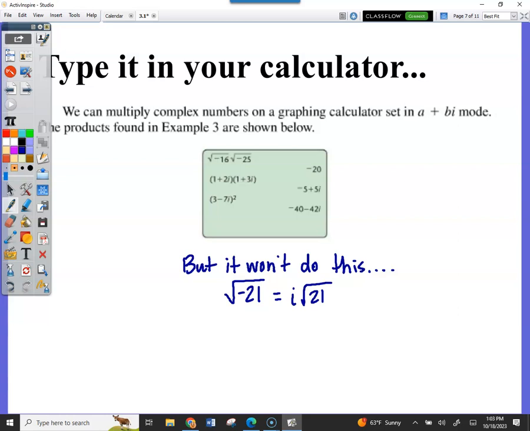Now, why will it not do that if it will compute complex number operations? I have no clue. It gave me an i, but it's wrong. It's 4.58 something. It won't break the radical down for you, so you do have to know how to do that.